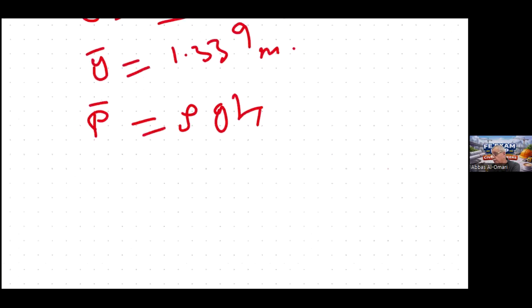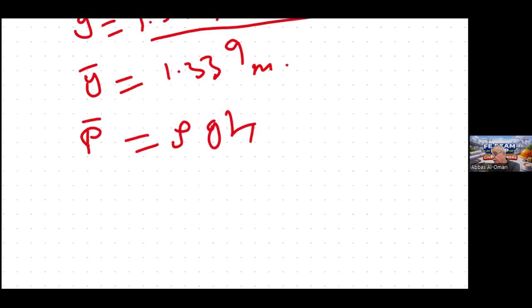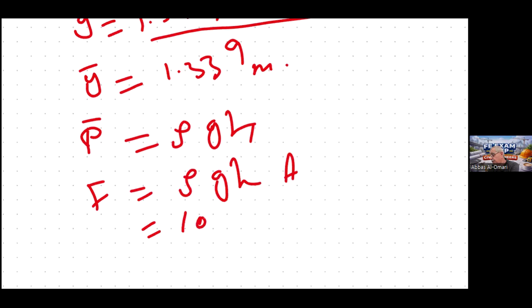So F equals P multiplied by the area, which is rho GH multiplied by the area, where rho is 1,000 for the water, G is 9.8, H is 3.33, multiplied by the area, which is 9.